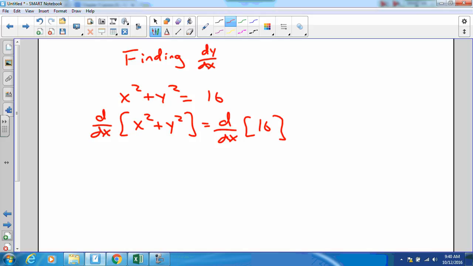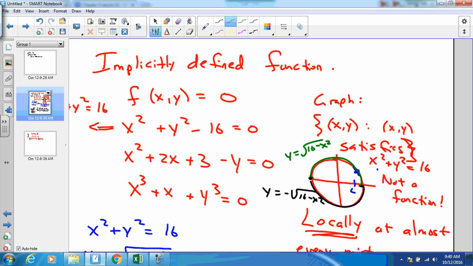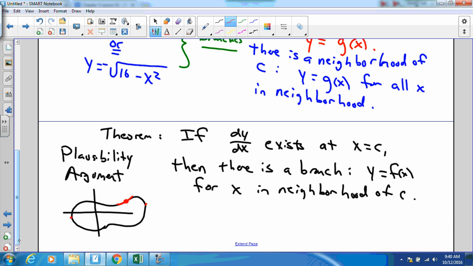Yes? Sorry, do you have the definition for branch? Good. That's right. So this was an undefined term back here. And a branch is going to be really the function y equals f of x.